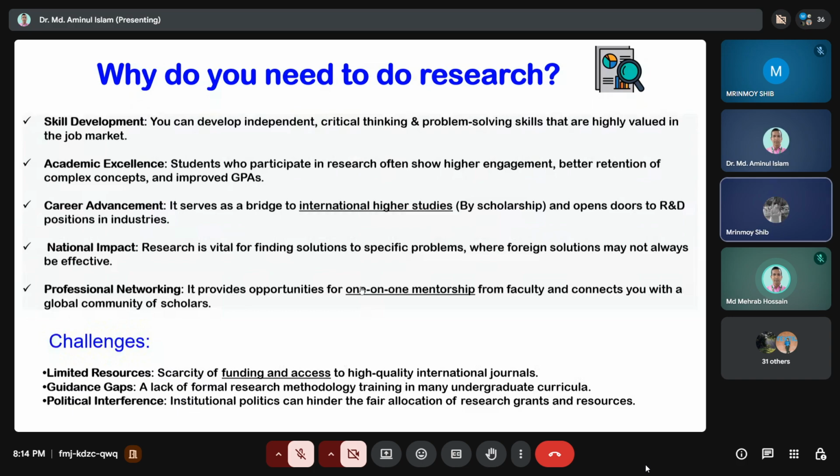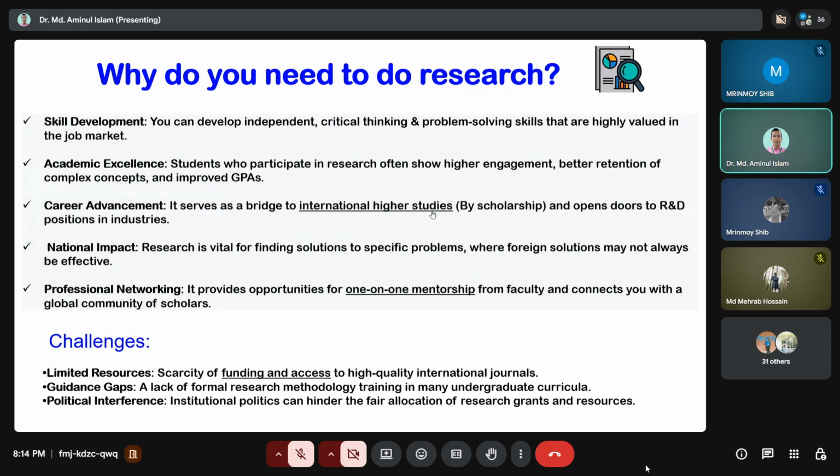Okay. So usually for studying abroad, while you are a fourth year project student, you need a fourth year project report or one conference abstract or one article, not necessarily published in a high impact factor journal.